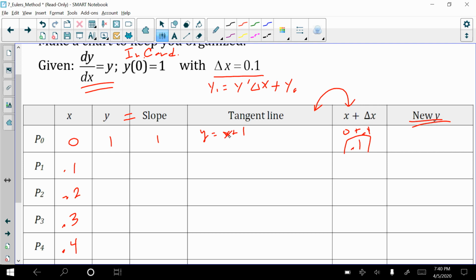So if I take the x value that I had, the 0.1, and add it to the 1 that's already there, 0.1 plus 1, we wind up getting our new y value of 1.1.